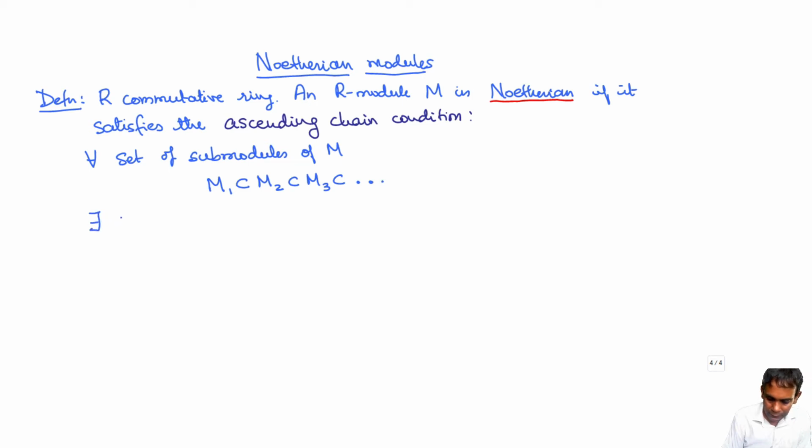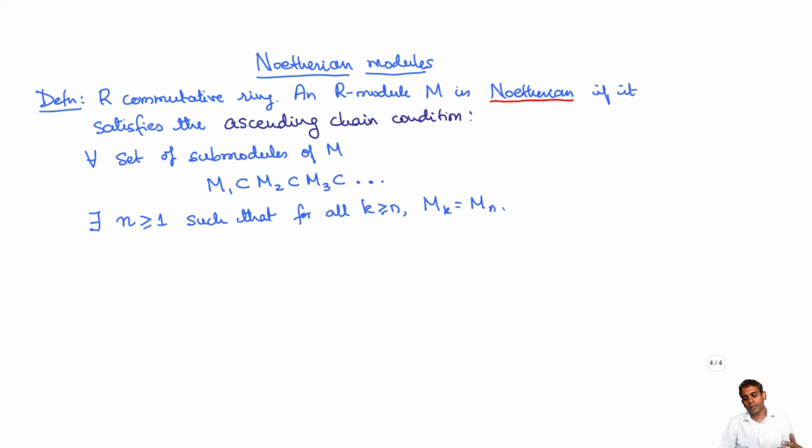there exists a number n greater than or equal to 1 such that for all k greater than or equal to n, Mk is equal to Mn. So what we are saying is that this ascending chain of modules eventually stabilizes.